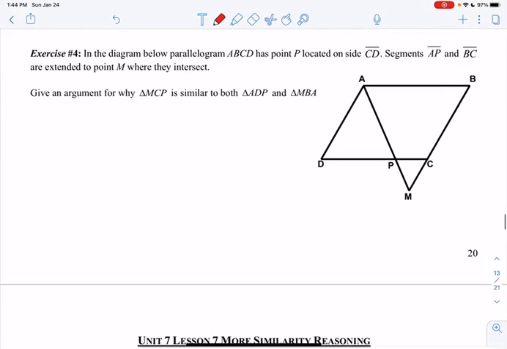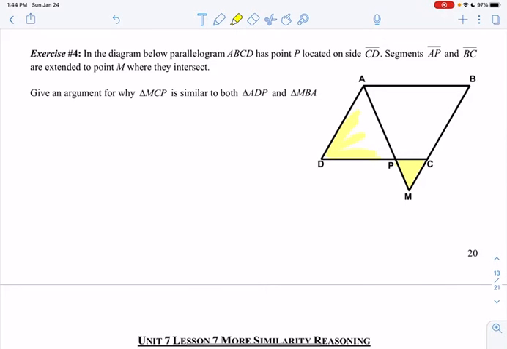Exercise 4, I have a parallelogram. Point P is located on side CD. AP and BC are extended to point M where they intersect. I want us to give an argument for why triangle MCP, so that's this tiny one right here, that's my dog loudly chewing on a bone right there, is similar to both ADP and MBA.